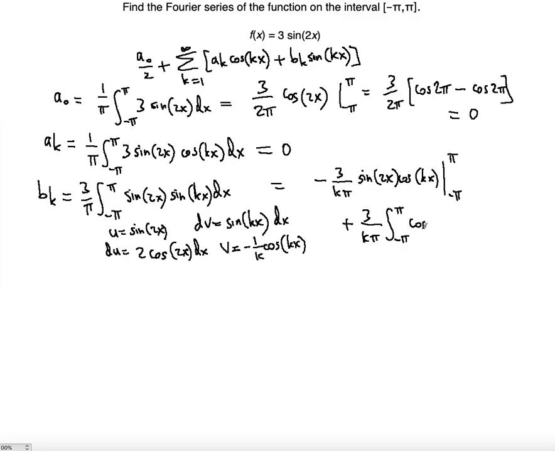Actually there's a 2 in there, so we should put this as a 6, cosine 2x cosine of kx dx. Now keep in mind that the first part will be equal to 0 because of the sine. Sine of pi and sine of negative pi is 0, so this whole thing will be taken to 0.